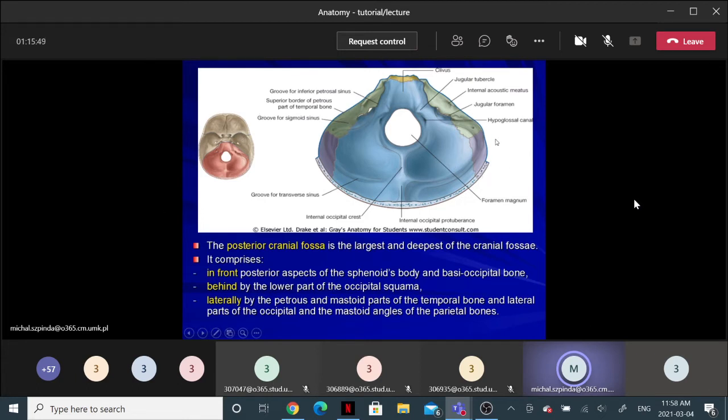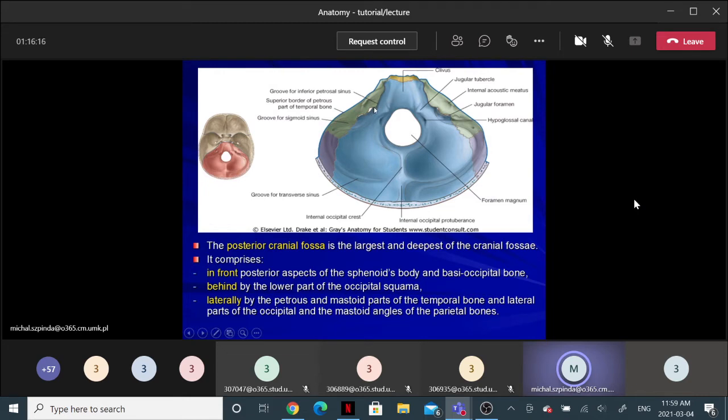And just here, where is the mastoid part, a small piece of the mastoid part of the temporal bone, is the mastoid foramen that exits the occiput, the exterior of the skull.